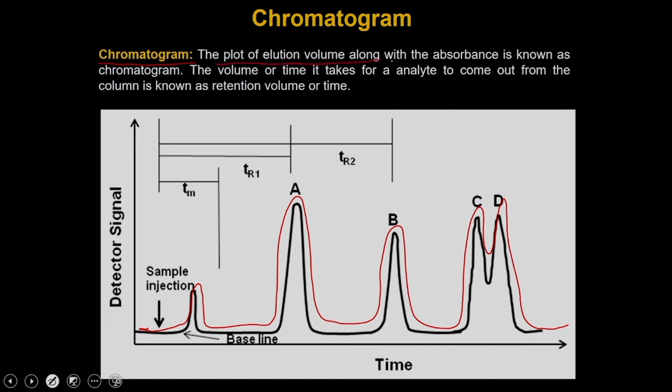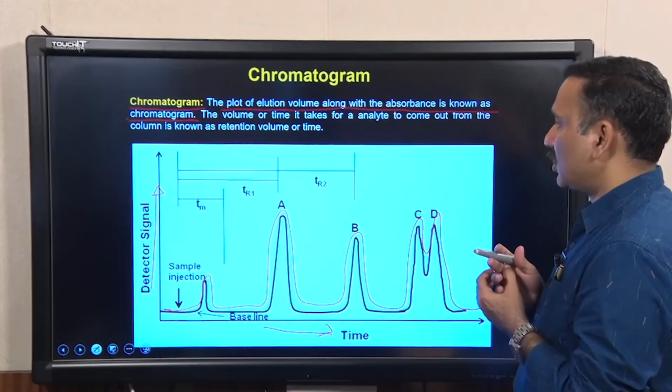So the plot of elution volume against the absorbance or any other parameter is known as the chromatogram. On the y axis you put the detector signal, which could be absorbance, fluorescence, refractive index and so on, and on the other axis you put the elution volume or the elution time. This pattern is known as the chromatogram.